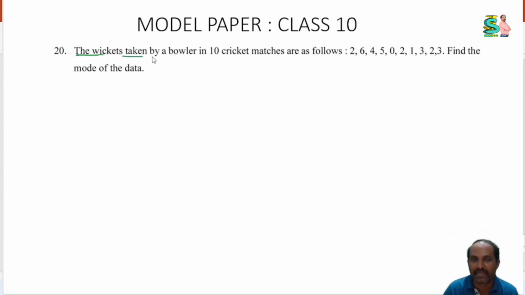The wickets taken by a bowler in 10 cricket matches, total number of matches 10, as follows, means 10 observations given here: 2 6 4 5 0 2 1 3 2 3. Find the mode of the data. What is mode? Mode is the most frequently occurred value.